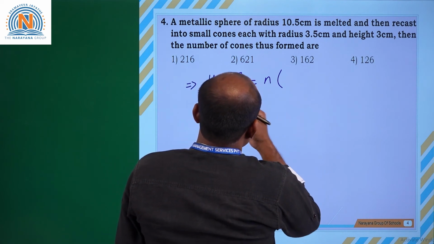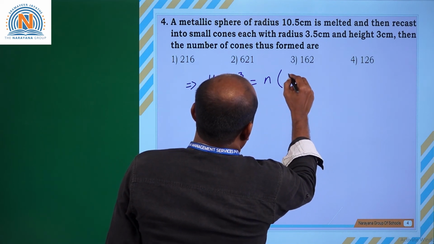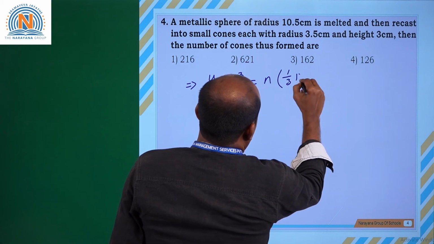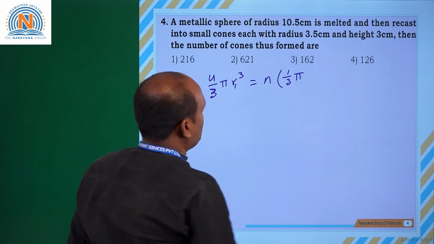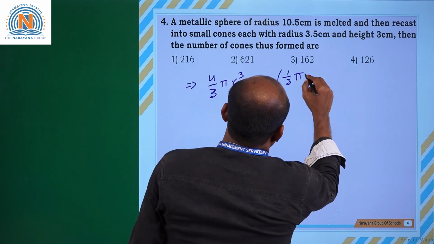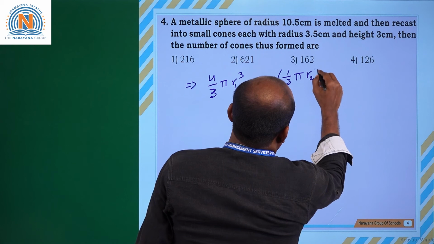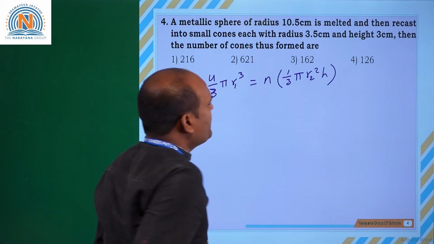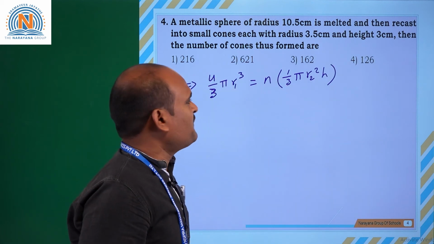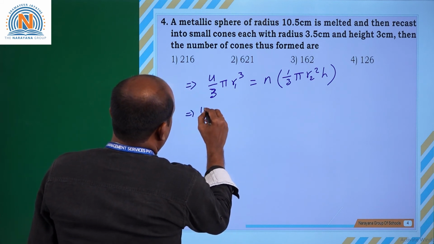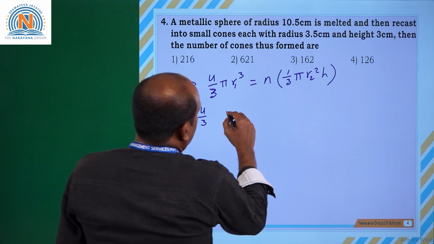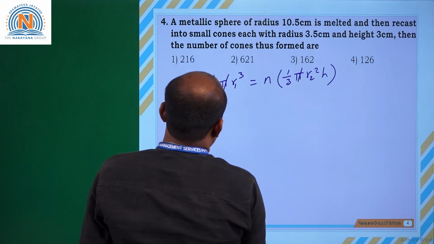So 4/3 pi r cube is equal to n into 1/3 pi r square h. Suppose r1 is the radius of the sphere, and r2 is the radius of the cone. This pi and this pi get cancelled.